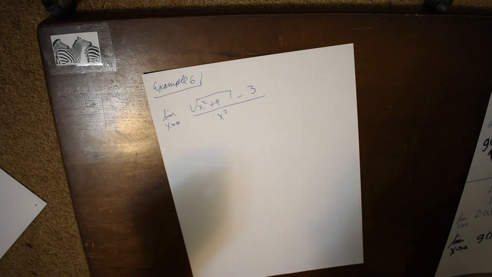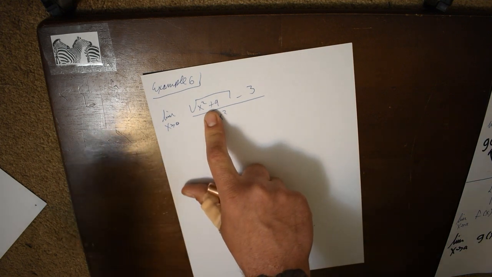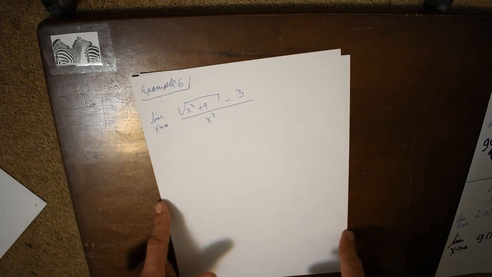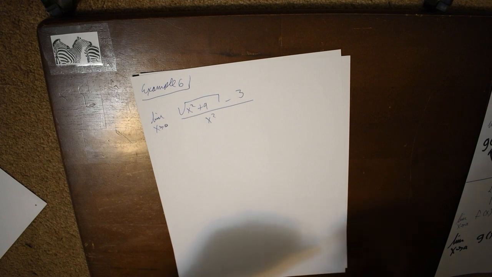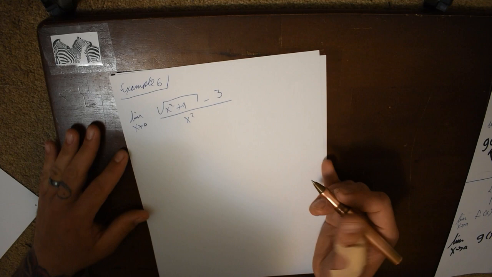So this is incredibly tricky to deal with. There's not really an easy way to break apart the square root of x squared plus 9. What we can do is rationalize the numerator.